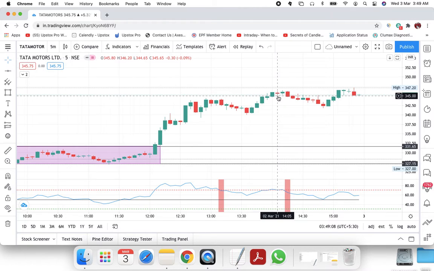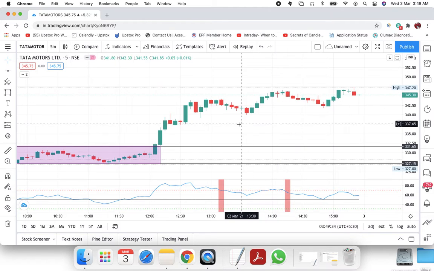If you have taken futures of Tata Motors, then 7,000 into 15 points. Very decent profit.